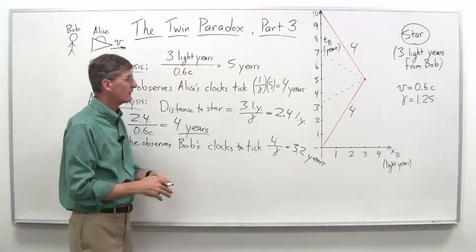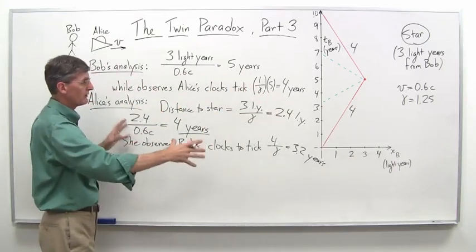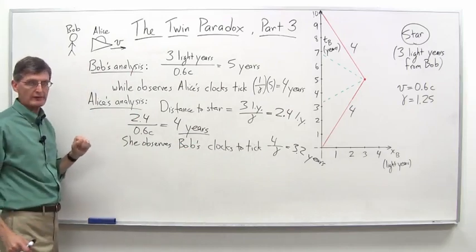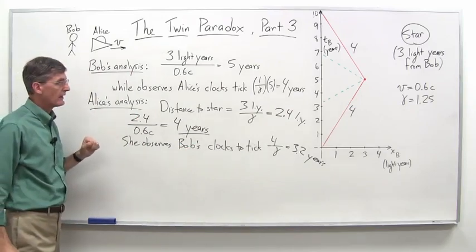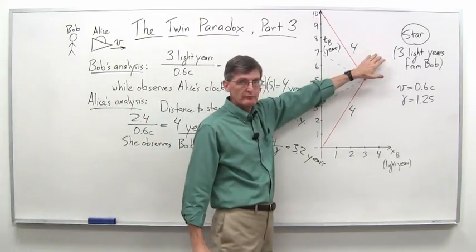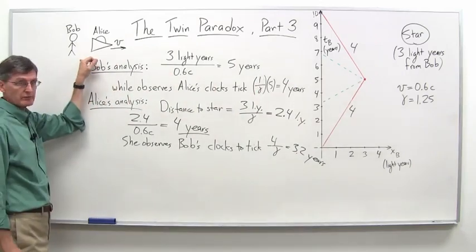In that case, the leading clock in the star Bob frame of reference compared to Alice is the clock on Bob's planet. Okay? And what that means is the star clock is going to be ahead of the clock back at the planet.